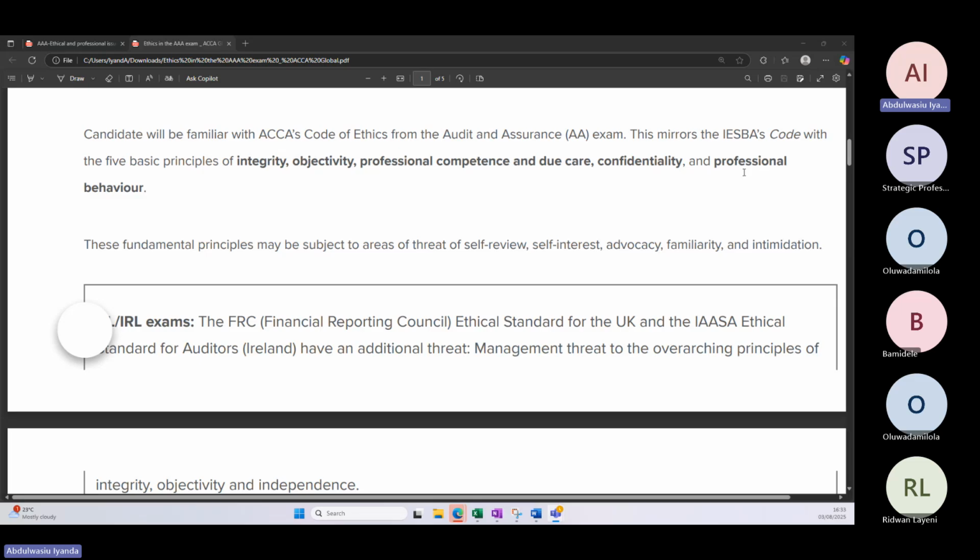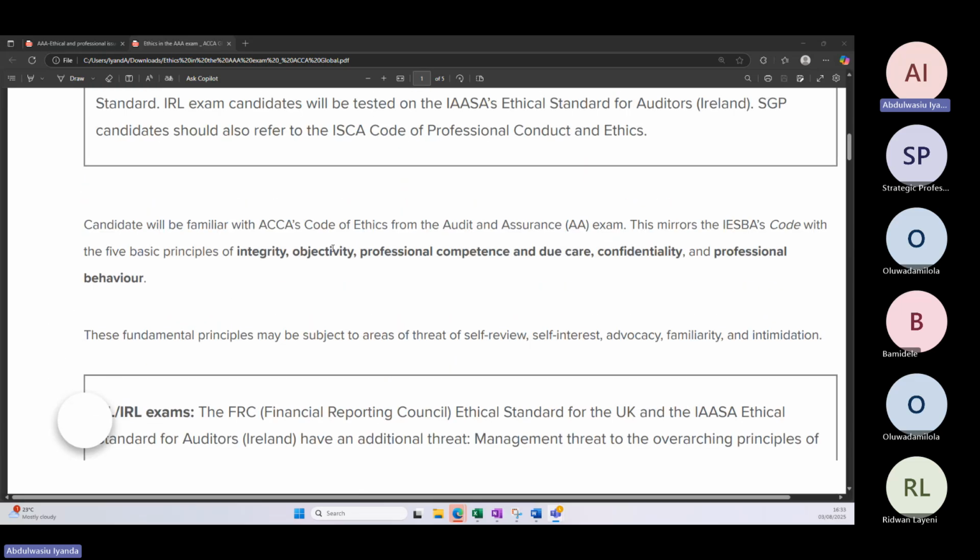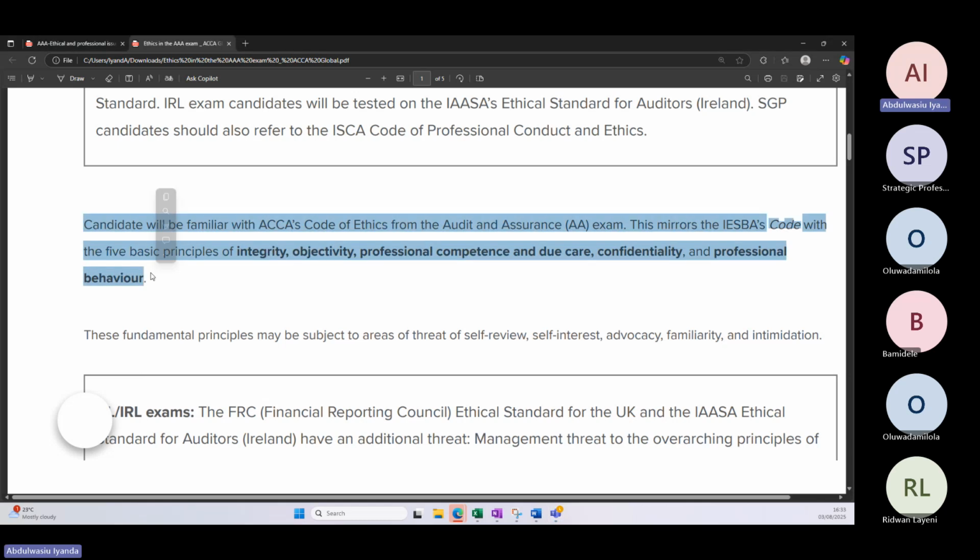Those are the five fundamental principles that we can all remember as a professional accountant. We all know this code before. What is the code? The code of professional conduct as an accountant: integrity, objectivity, professional competence and due care, confidentiality, and professional behavior.